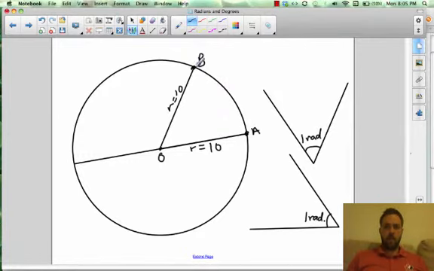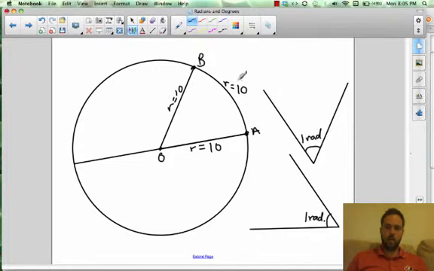Now, if the length from point A along this arc to point B is exactly the same as this radius, so this arc length is exactly R, which in this case is 10. So all of these things are equal.